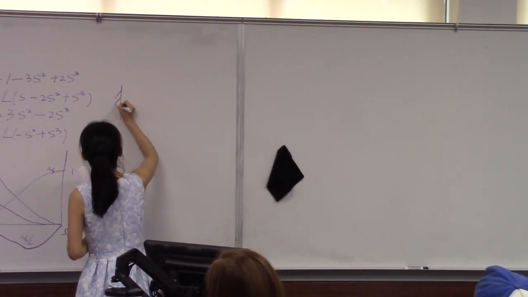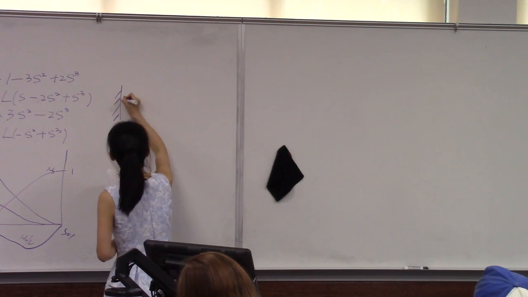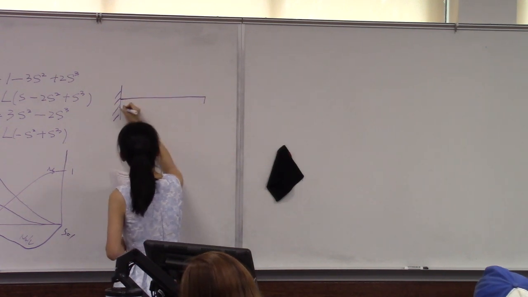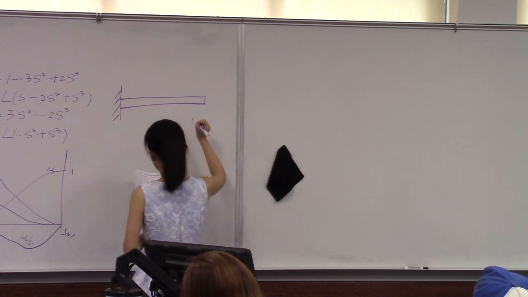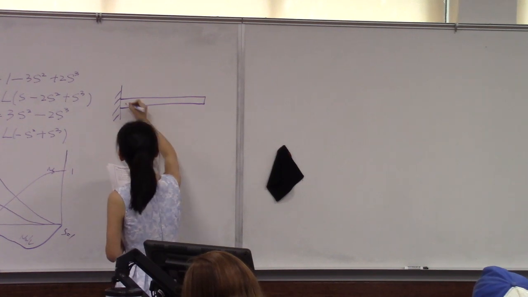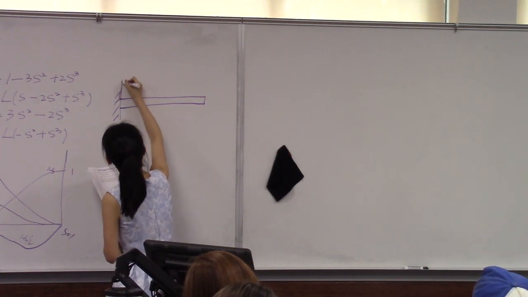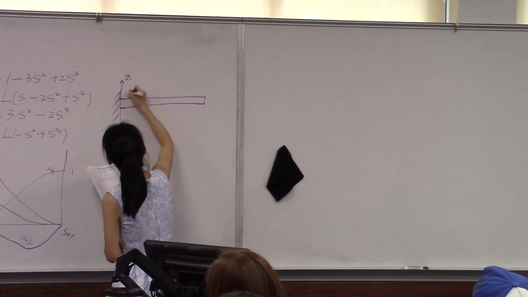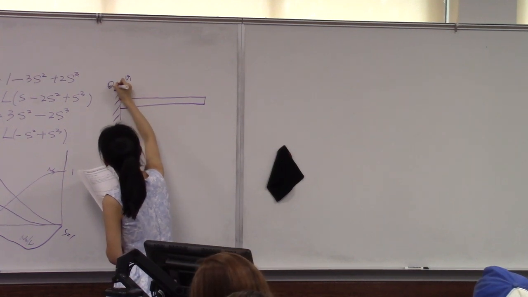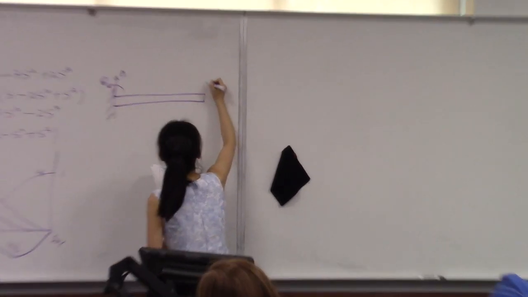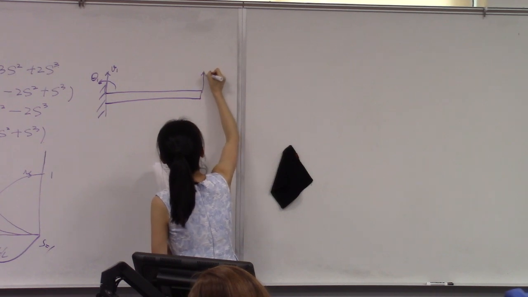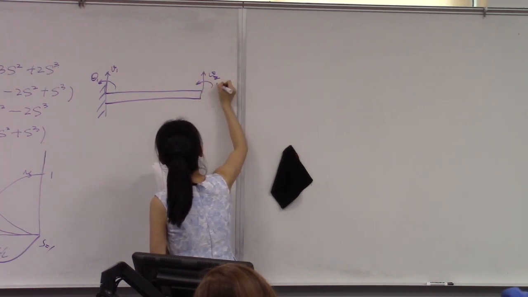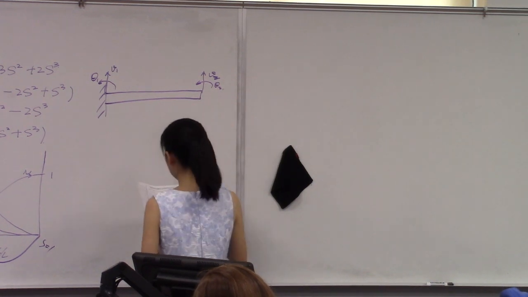The example problem is that I have a cantilever beam. This node is V1, theta 1. And this node is V2, theta 2.